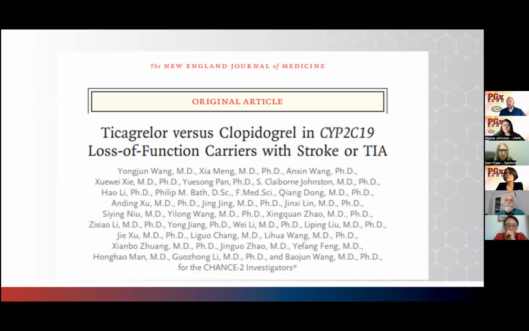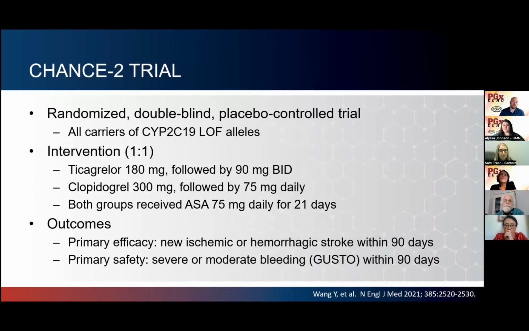And so the next article here is the CHANCE 2 study by Wang and colleagues. So this study here, basically extrapolating a lot of that information from that Prince trial that Jordan alluded to, suggesting that that combination of ticagrelor and aspirin may result in a lower risk of subsequent stroke than the combination of clopidogrel and aspirin among those patients with stroke and the 2C19 loss of function.